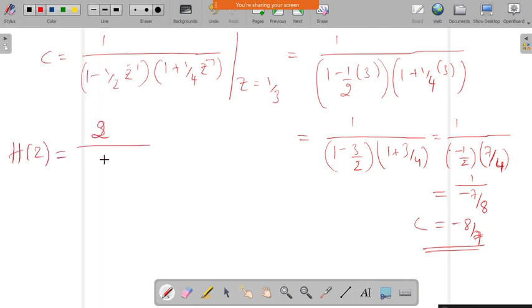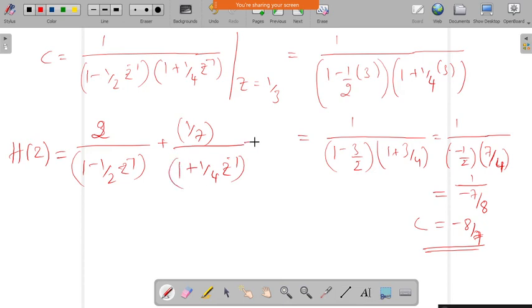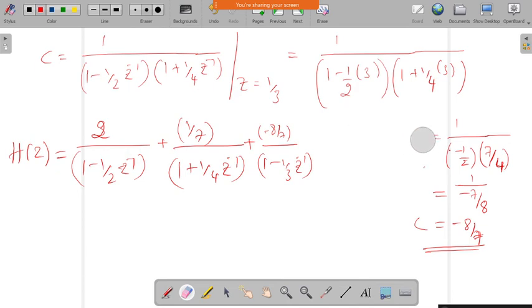Okay, 2 divided by 1 minus 1 by 2 z inverse plus 1 by 7, which is 1 plus 1 by 4 z inverse, plus minus 8 by 7 divided by 1 minus 1 by 3 z inverse. So this is what you will get for h of z.